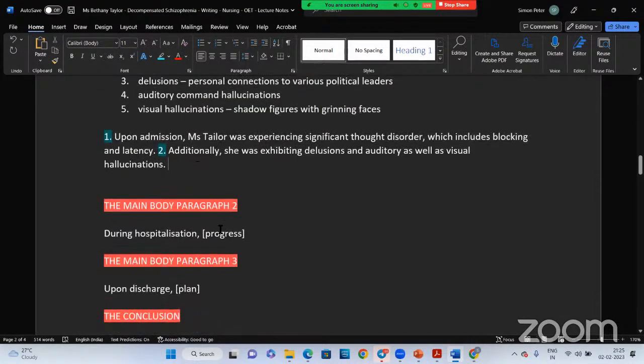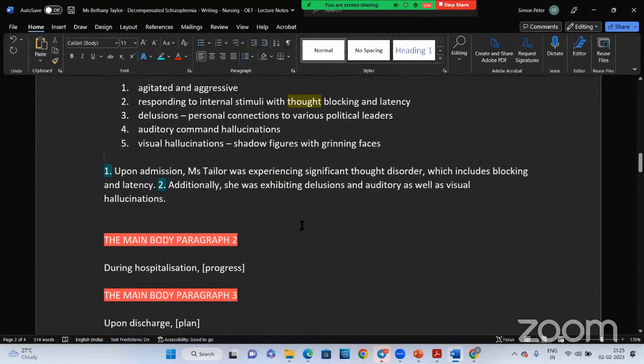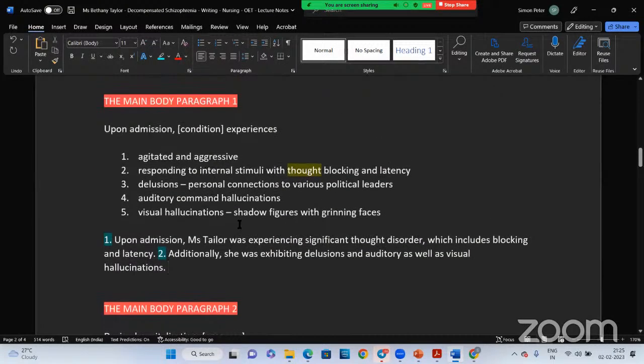Okay, and the third sentence is regarding what? Let us see. Two sentences are there in this one. These things have come into two sentences. Then agitation and aggressiveness. Okay.